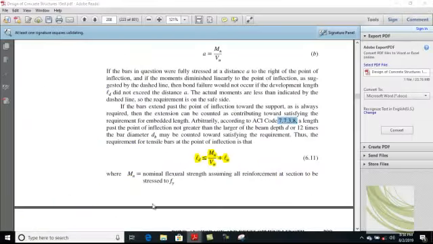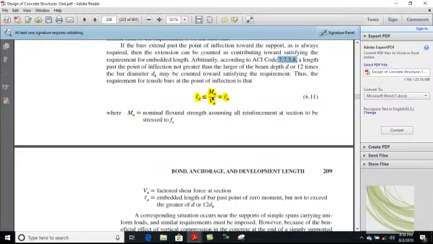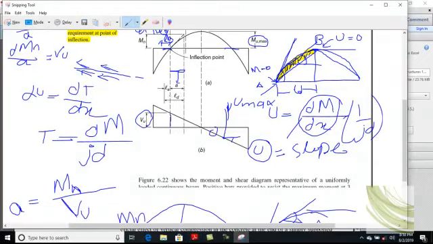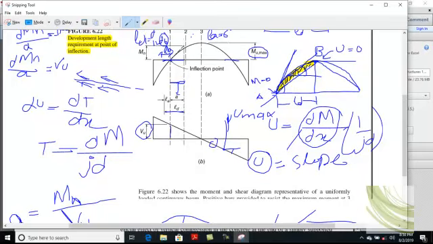So from this, you can say that your Ld must be equal to, now we can get that relationship: the distance La, the extension beyond the point of inflection, and the distance to the nominal moment capacity, which is A from the point of inflection, is both A and La.